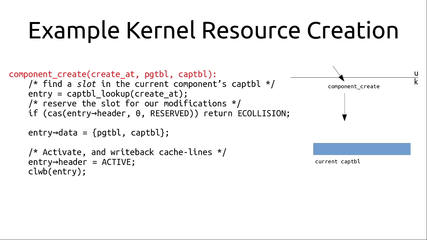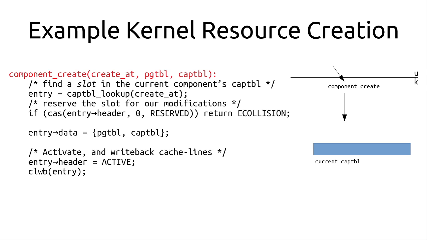So on the right, you see that we were in user level and we've made a system call, something like component create. Component create has access to the capability table of the current protection domain, the current component. The capability table includes all references to resources that we have access to, except for memory.